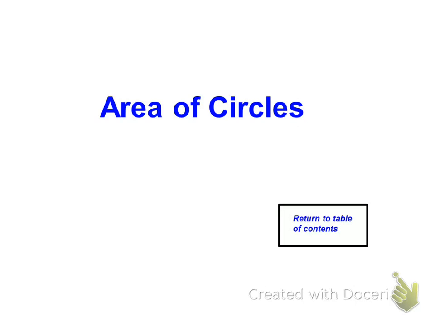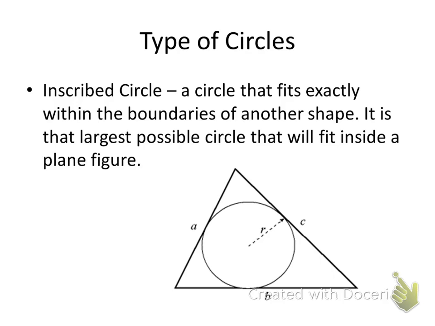For our area of a circle, first thing we have to talk about is a couple different types of circles. One type of circle is called an inscribed circle, a circle that fits exactly within the boundaries of another shape. It is the largest possible circle that will fit inside a plane figure.